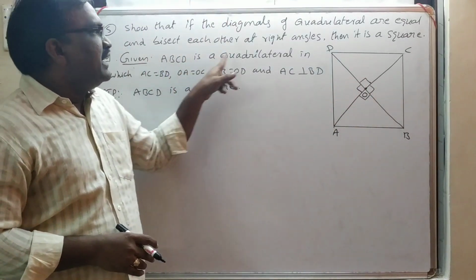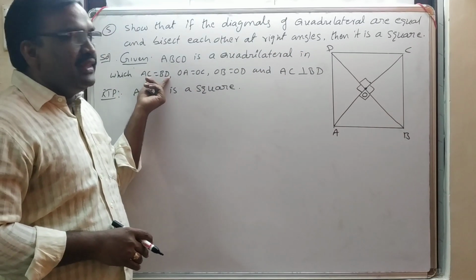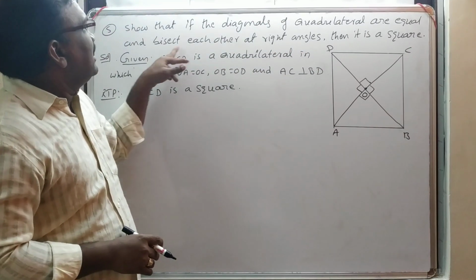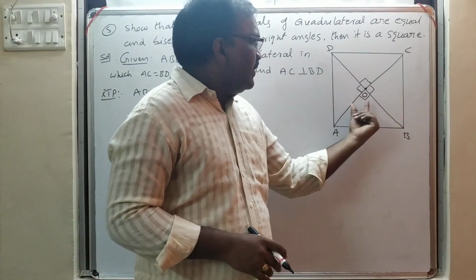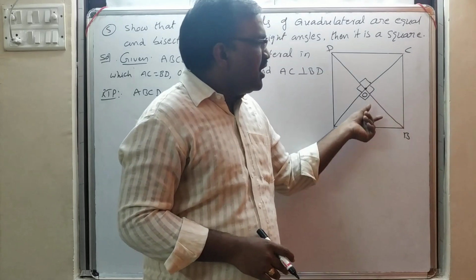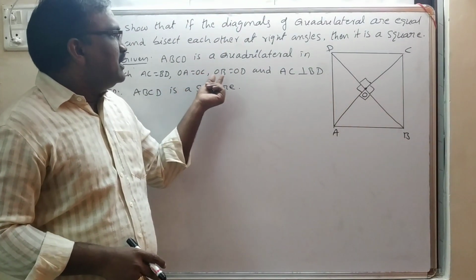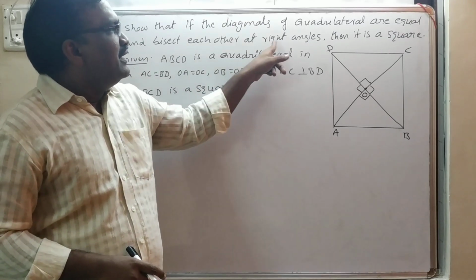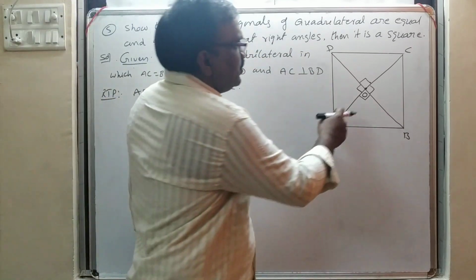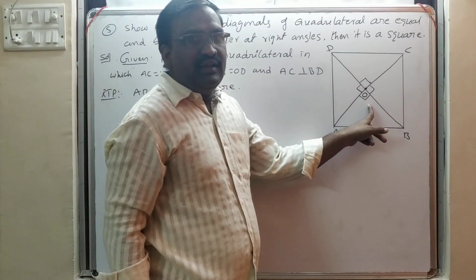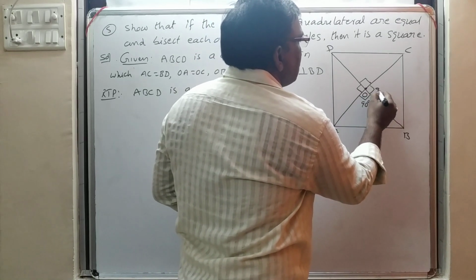Diagonals bisect each other, that is OA is equal to OC and OB is equal to OD. That is also given. And they bisect each other at right angles, so AC is perpendicular to BD. That is also given. Here each angle is 90 degrees.